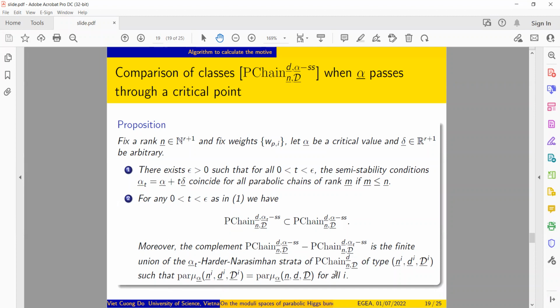And we know that for the Harder-Narasimhan strata we have some inductive process to do the calculation. So in some sense, I know how to get the difference between the point inside and the point on the wall. Okay.